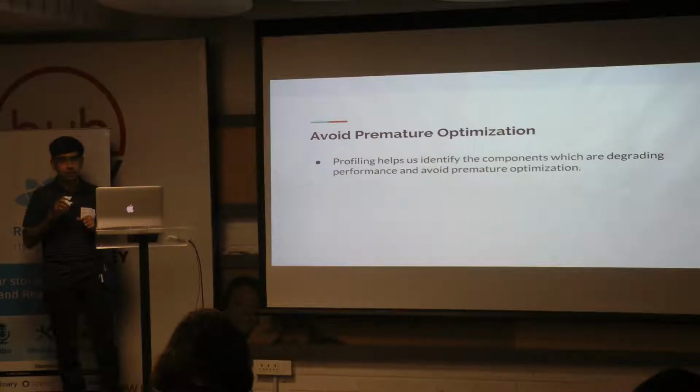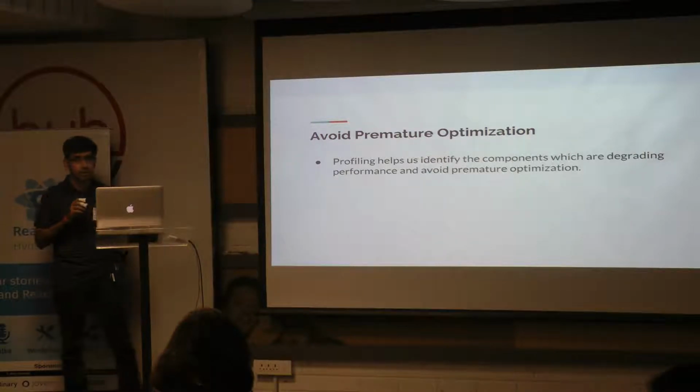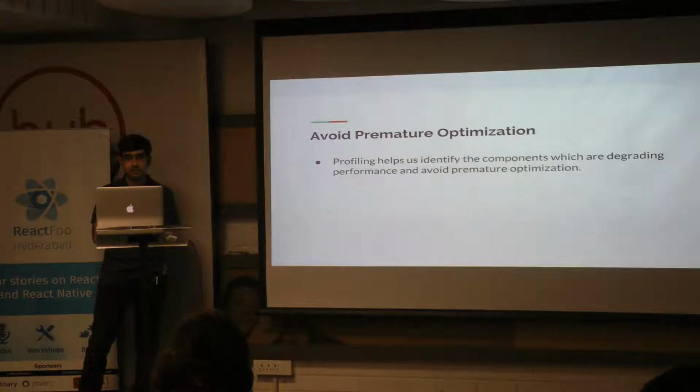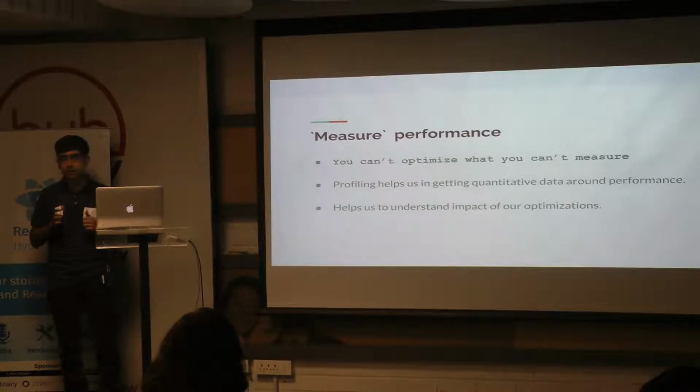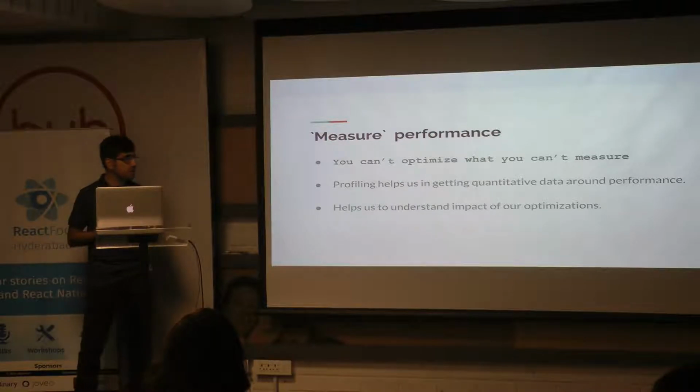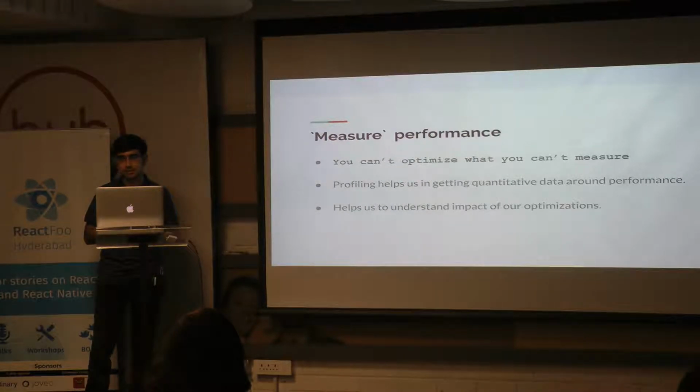With profiling, we can identify the actual bottlenecks in our UI rather than randomly fixing here and there. Secondly, they say you cannot optimize what you can't measure. Profiling also gives us quantitative data around performance and helps us in analyzing the cost of our optimizations.